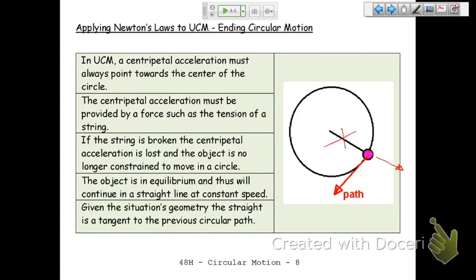As I go further and further away, I am looking at my brother, and it seems like I'm flying out away from here, but actually I'm following this direct line. You follow a linear path. Given the situation's geometry, the straight line is a tangent to the previous circular path.